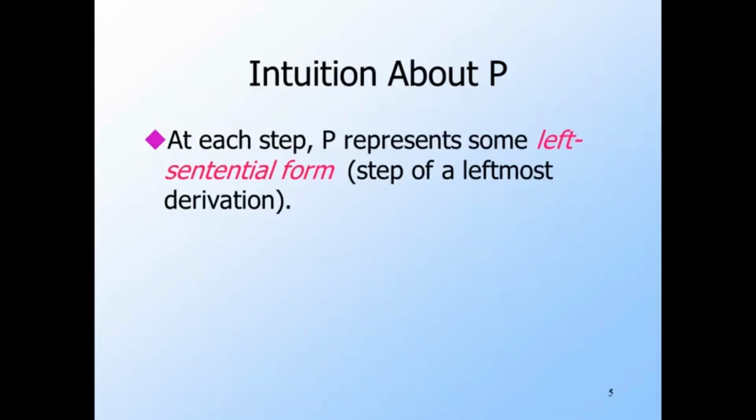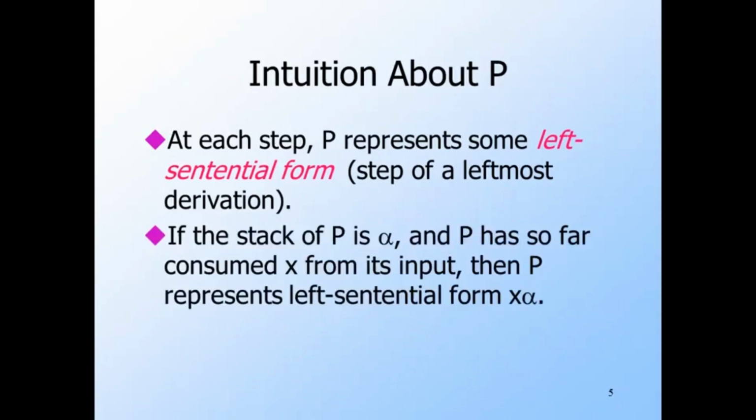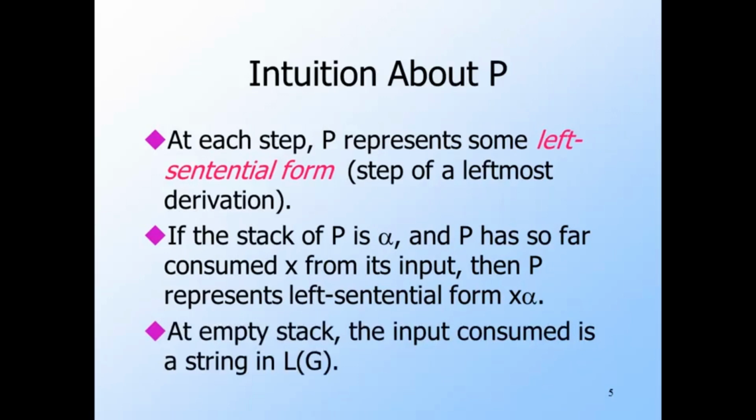Our intent is that P will step through a leftmost derivation of input W from the start symbol S. The secret is that each left sentential form is represented in a subtle way. It is whatever input P has so far consumed, followed by whatever is on P's stack. When P reaches an empty stack, then the left sentential form it represents is whatever input it has consumed, followed by nothing, that is, by the empty stack.